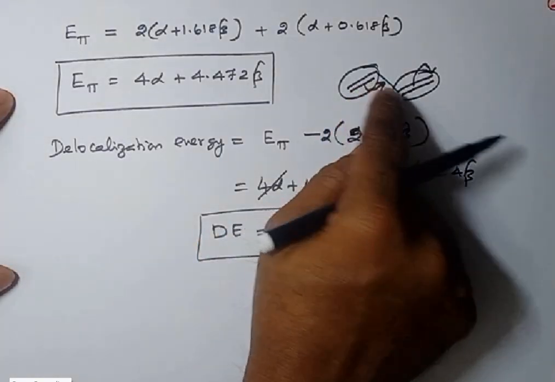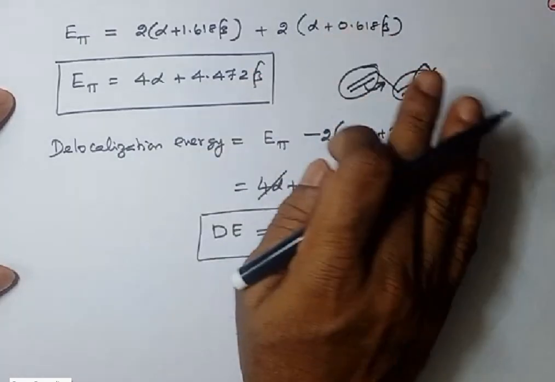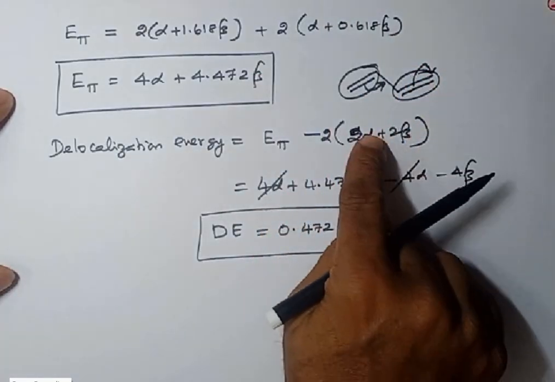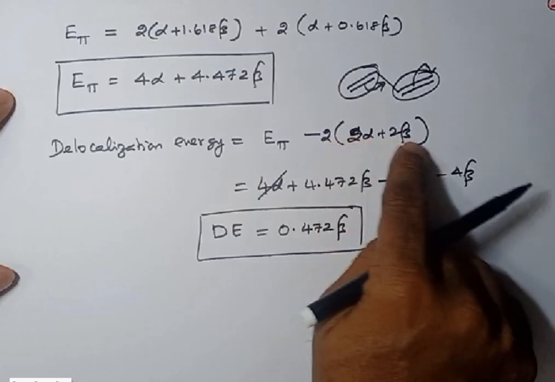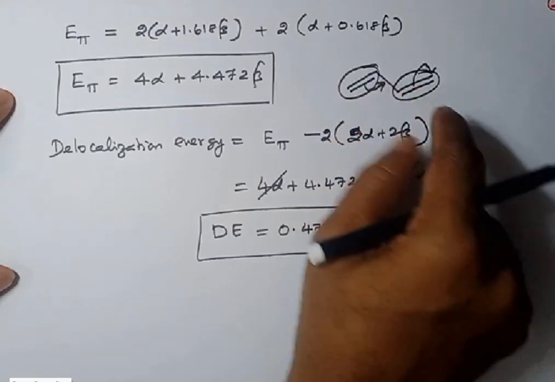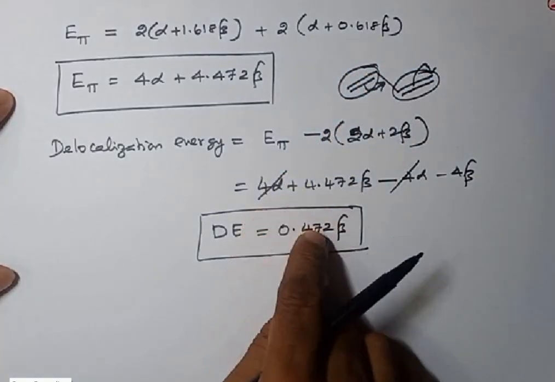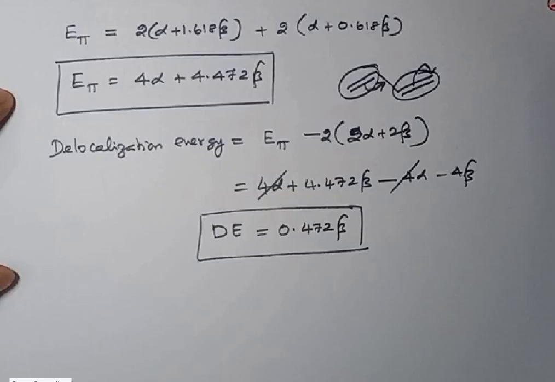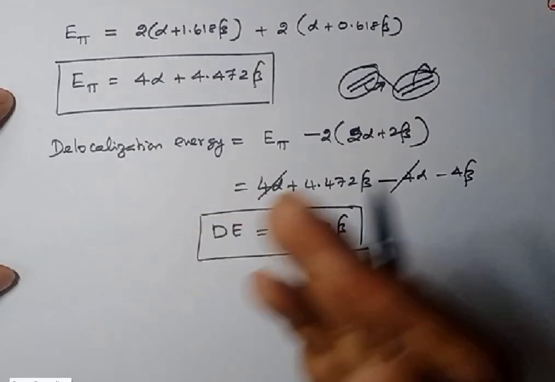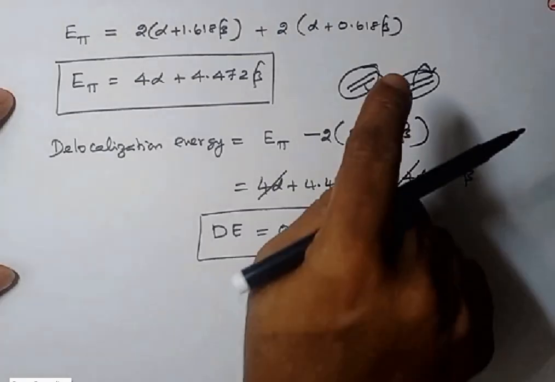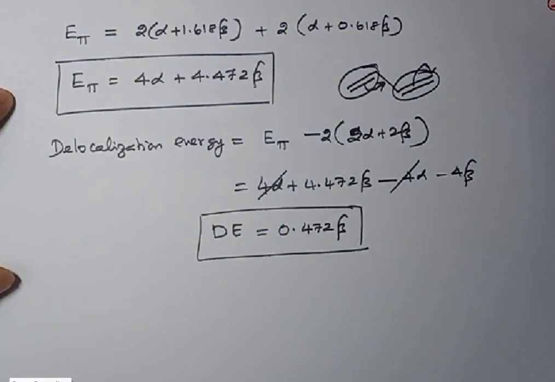If the 2 pi bonds remain non-interacting, then the energy should be 2 into 2 alpha plus 2 beta, which is 4 alpha plus 4 beta. Because of the interaction, this much amount of energy is decreased. You all know when energy decreases, the stability of the system increases. So delocalization increases the stability of the system.